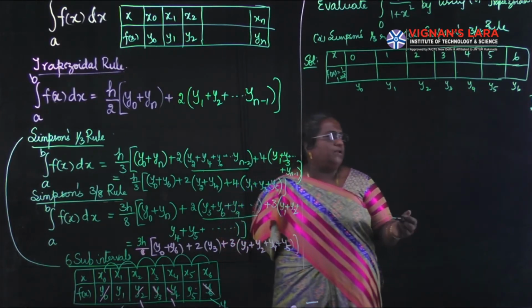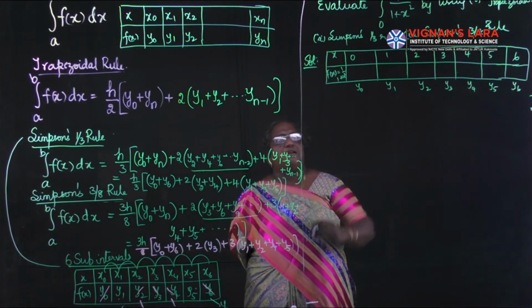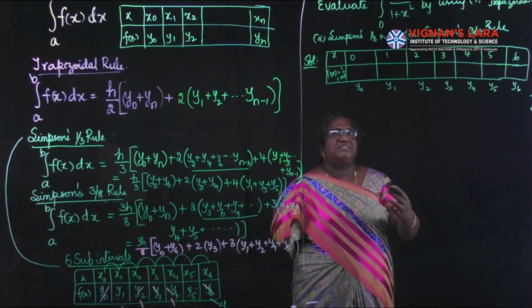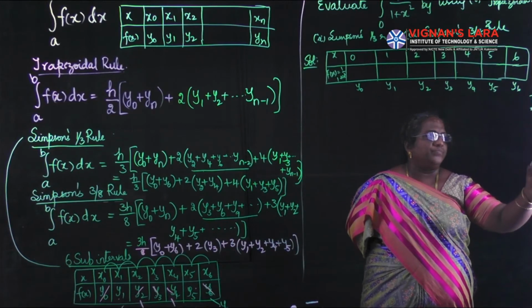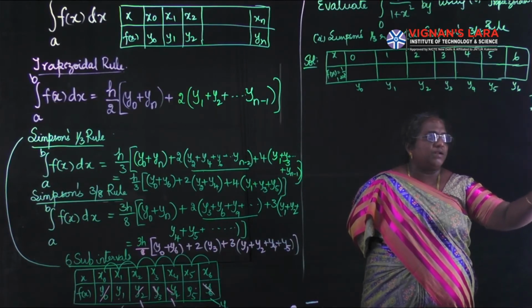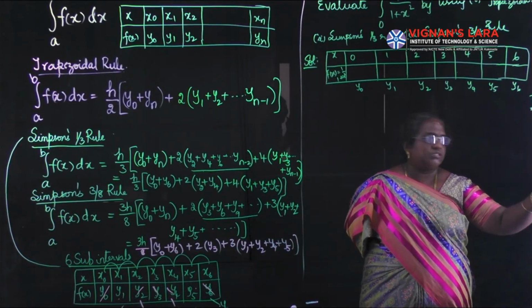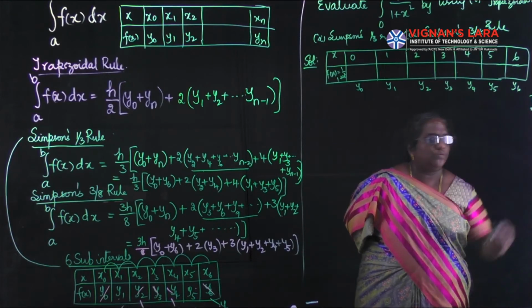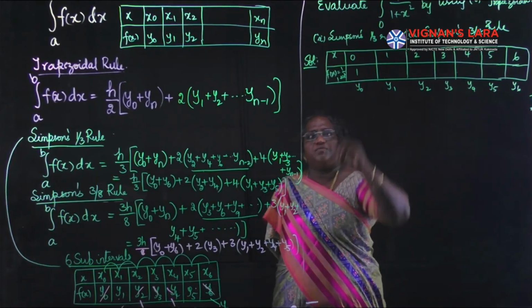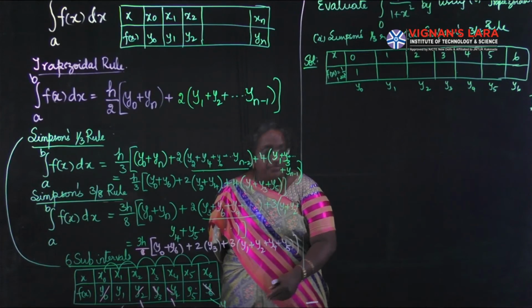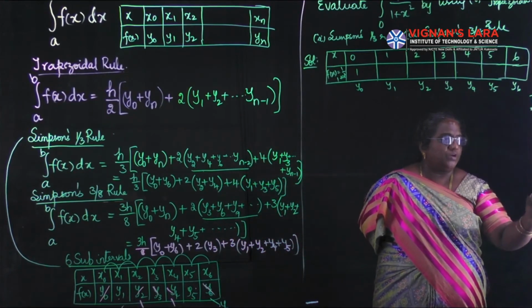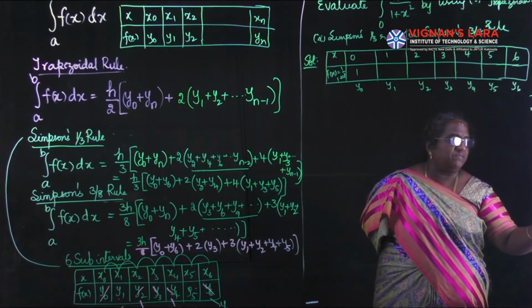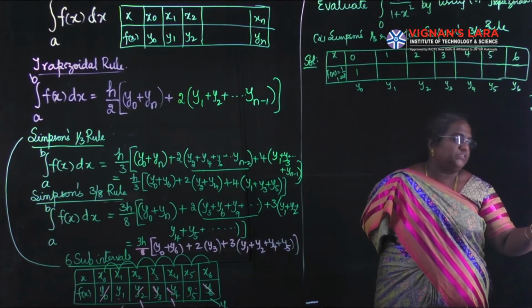Now the tabular value. How we calculate the tabular value is, substitute x as 0. When x0 is equal to 0, y0 is equal to 1 by 1 plus 0 square. So it is 1. Similarly when x1 is equal to 1, y1 is 1 by 1 plus 1 square.